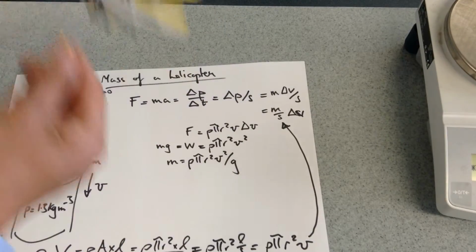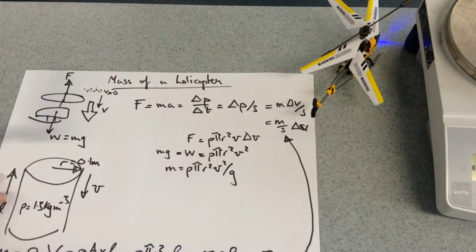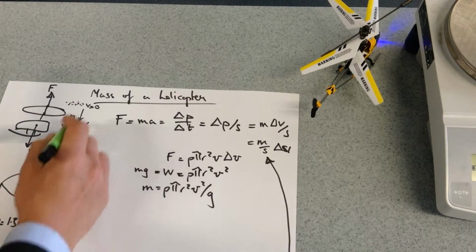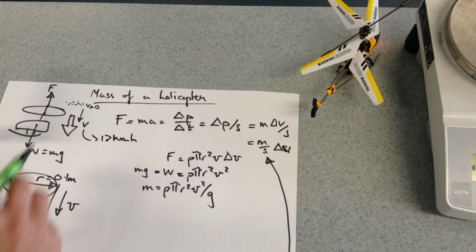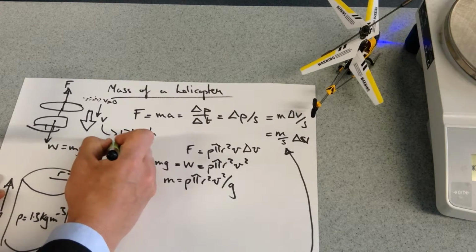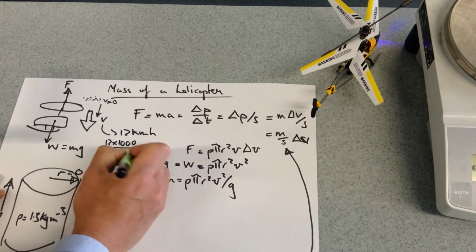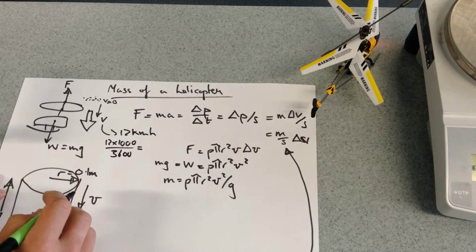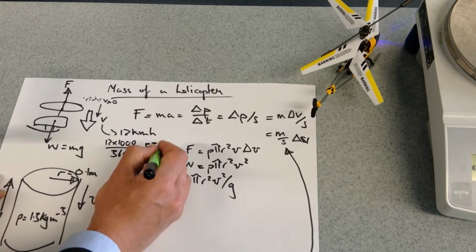So in reality, let it float in the room and then chase it with the wind speed meter. So the velocity is 12 kilometers per hour, which is the same as 12 by 1,000 over 3,600 if I'm changing it to meters per second, and that gives me 3.3 meters per second.